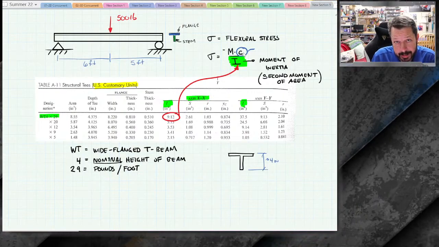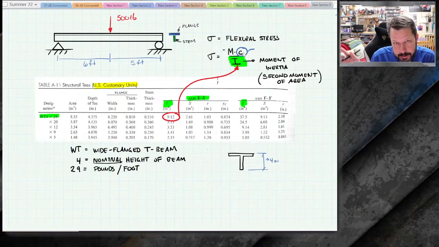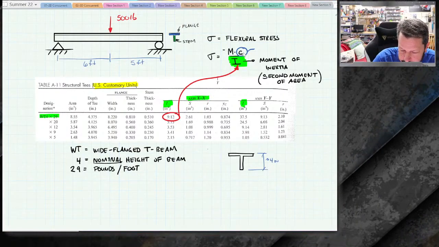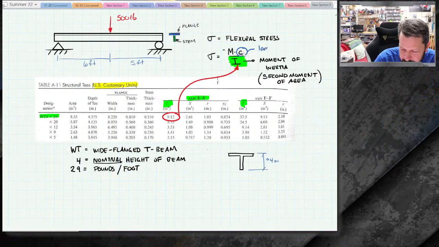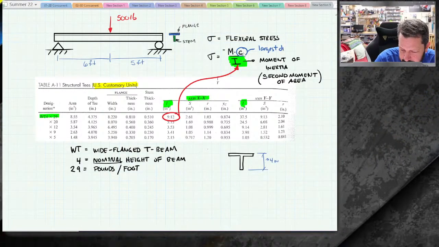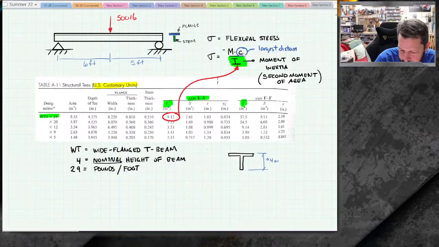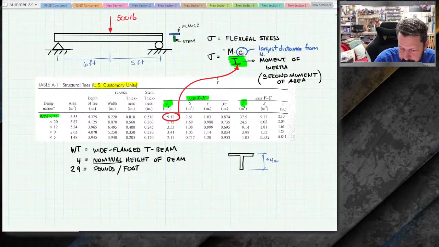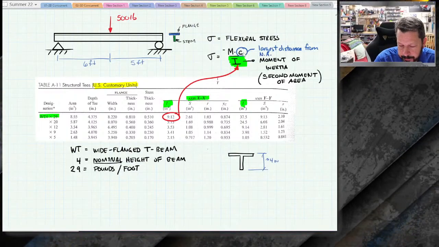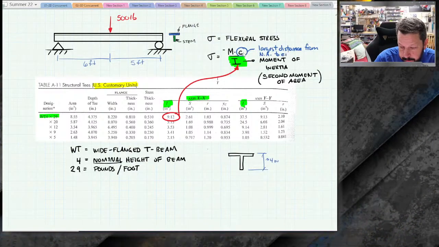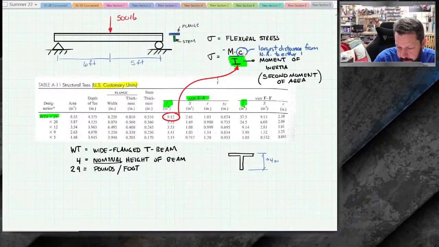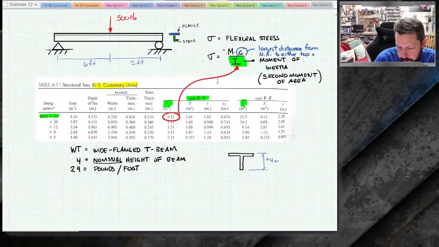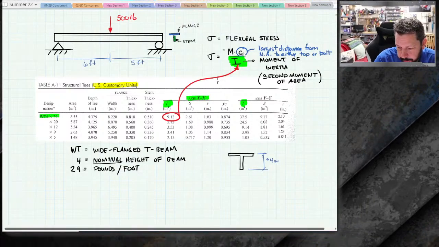See, if I put y there, then it's not quite the largest, it's just some other number. We'll deal with that later. But the largest distance from the neutral axis, so NA is neutral axis, to either the top of the beam or the bottom of the beam.